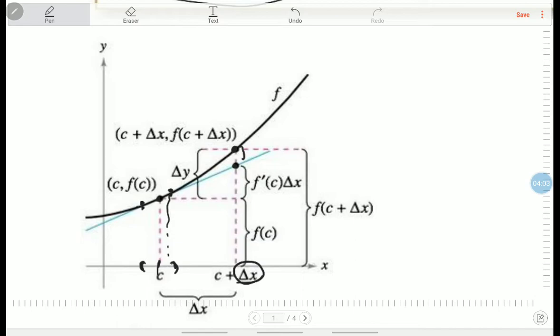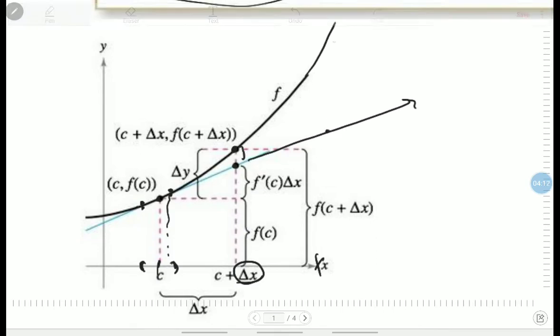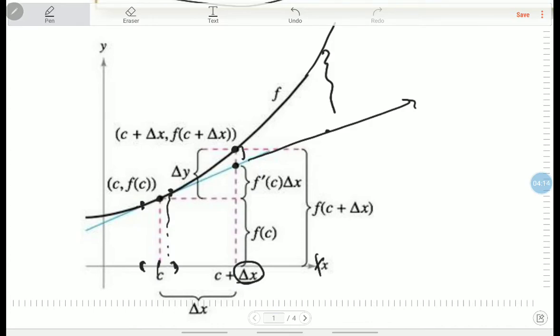Now, if we move over too far, let's say we go over here, and I extend this tangent line out, this guy's just not going to be a good fit. Do you see how there's a big gap here? So it's not going to be a good approximation if we move too far out to the left or too far out to the right. But if we're within some kind of reasonable distance from the x value we're curious about, then we could reasonably estimate what's going on with y.